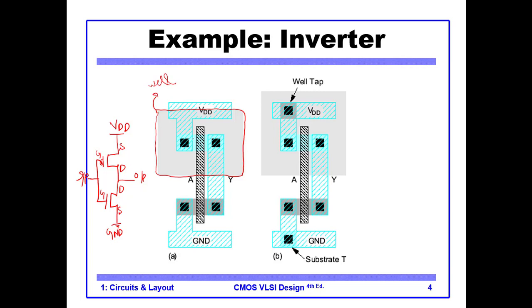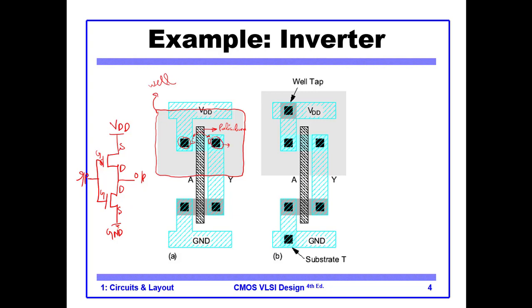This one is your source, this one is the drain, this vertical line is your polysilicon. Whenever there is a polysilicon, on one side you will have a source, on the other side you will have a drain.